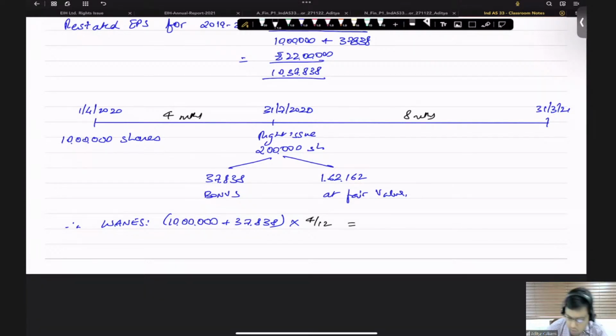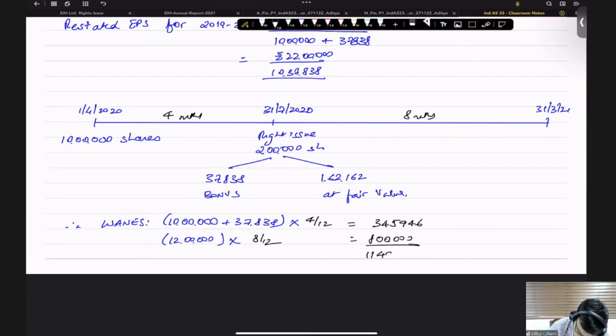This comes to 10 lakhs plus 37,838 into 4 by 12, which is 345,946. The other side is 12 lakh shares into 8 by 12. So this comes to 8 lakh shares. So 1145,946. This becomes my weighted average number of equity shares.